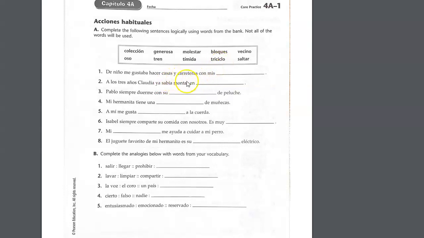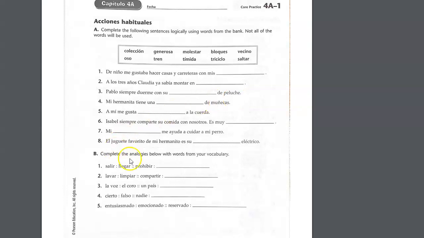We know from the verb montar, which is the verb to ride. Do one more together. Pablo siempre duerme con su oso de peluche. Oso de peluche because of the key phrase there, duerme, the verb dormir, to sleep, and peluche being stuffed.